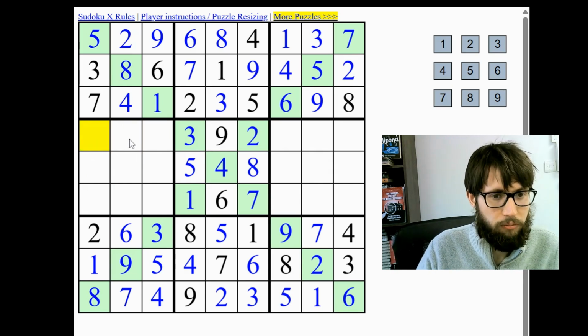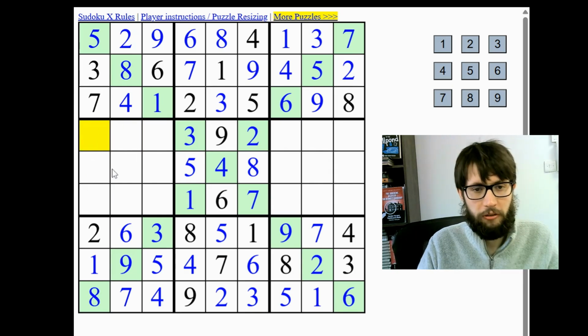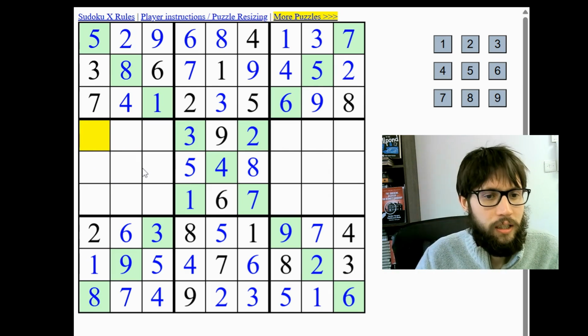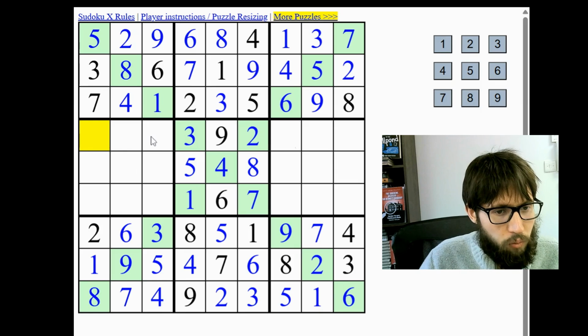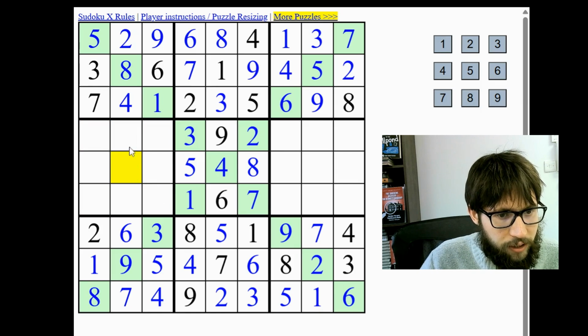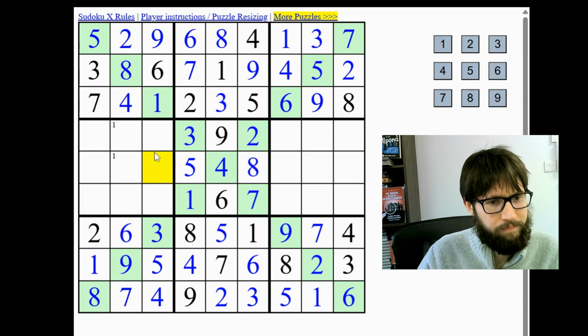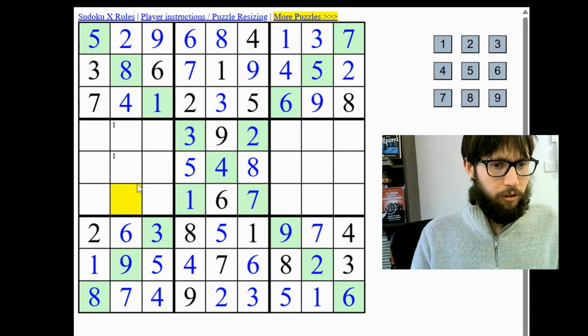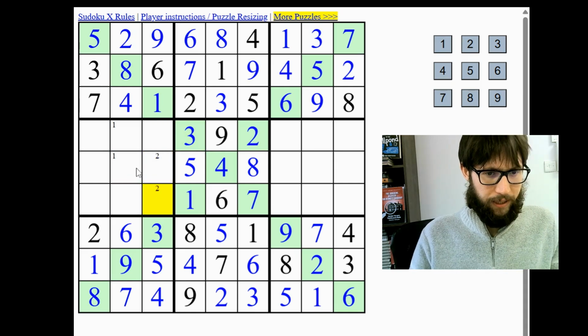So if I start off, where's the 1? I'll just put notation in for each of these grids, and hopefully that'll let me make a breakthrough. So the 1 can't go in either of these. If I'm seeing this correctly, it can only go here or here. The 2, on the other hand, can only go here or here.